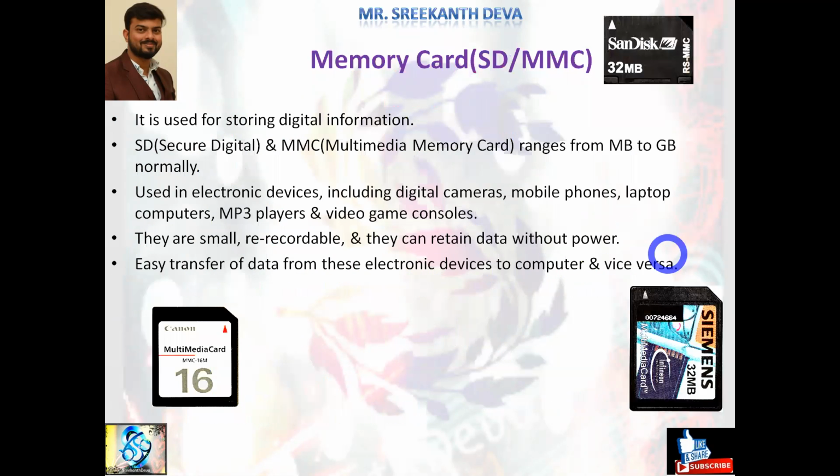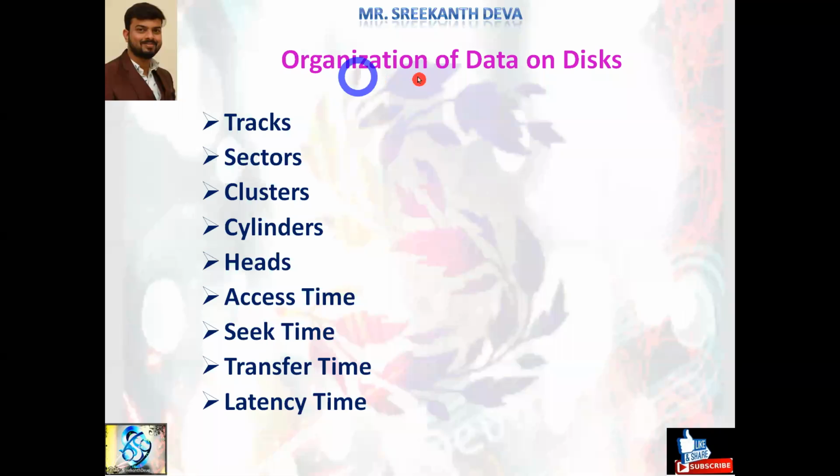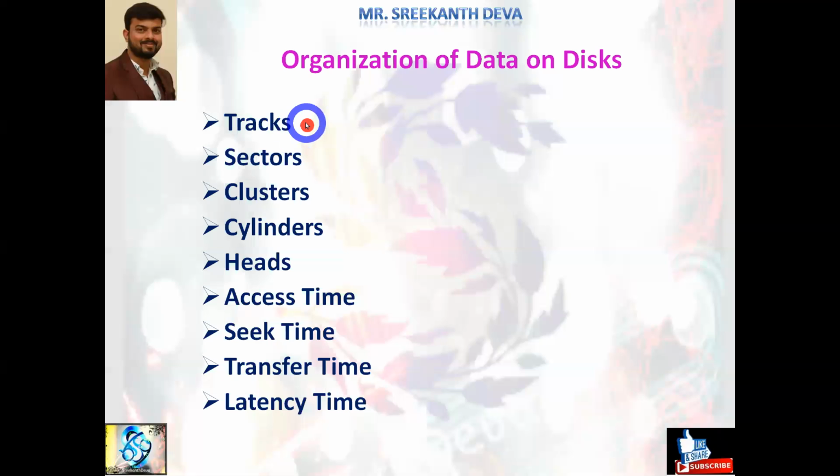Okay, see, and the last one I tried to discuss is the various organization of data on disks. We tried to discuss some simple and some major points involved in the organization of data on disks. Like in the previous video session, I explained about hard disk architecture, structures, and components. Similarly, optical and solid state were also explained, right?